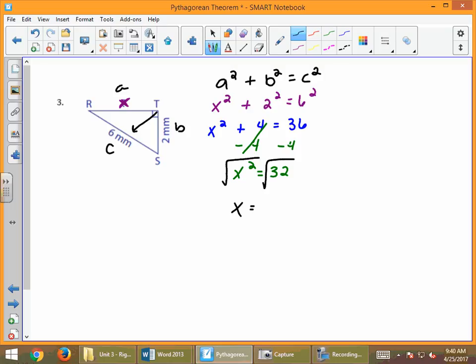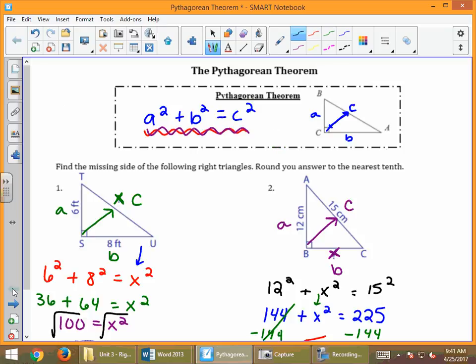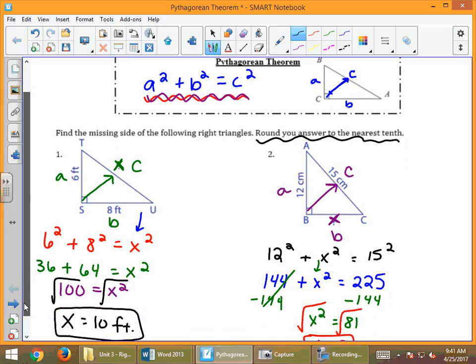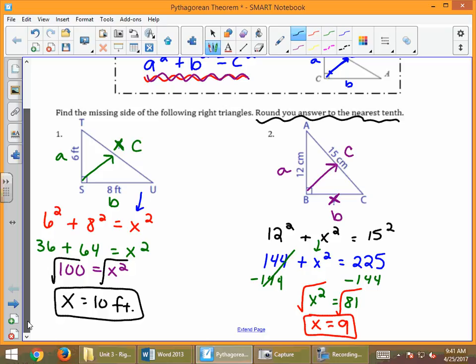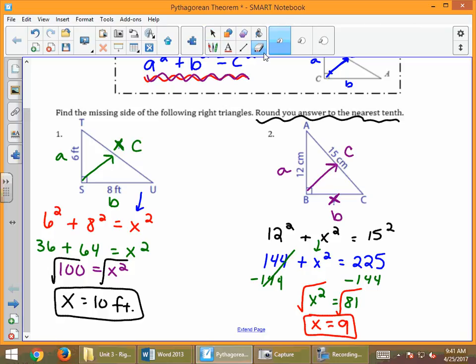And 32 is not a perfect square. But if you read back at the top of the directions, right here, it says round your answer to the nearest tenth. Well, the first two we didn't have to because they were perfect squares. And while we're here, don't do what I just did.